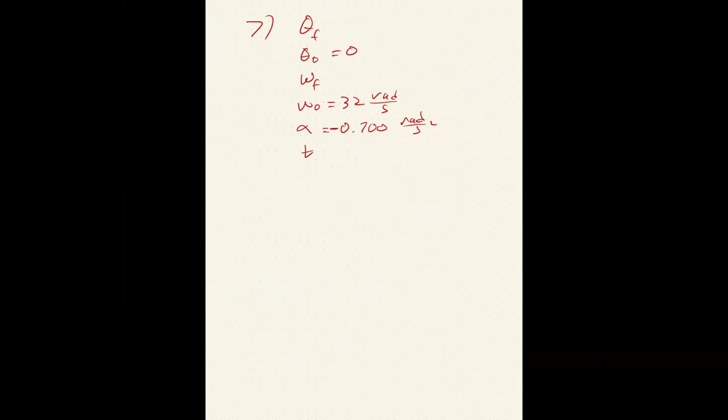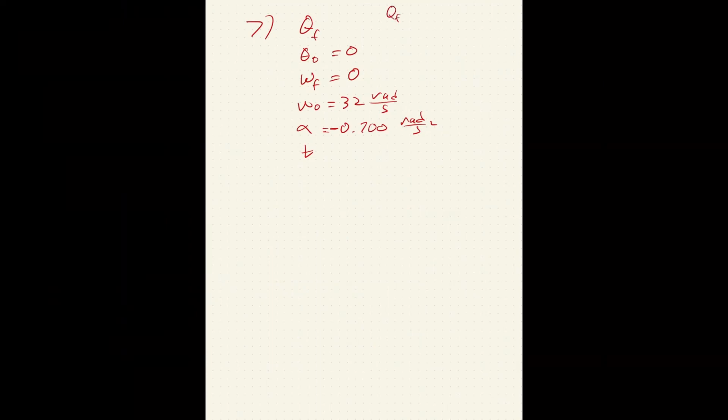Now, part A asks, how long does it take to come to rest? If I'm resting, my final omega has to be 0. And I don't care how far I went, at least not yet. So I can look at my big 3 equations. Let me write the 3 equations here.